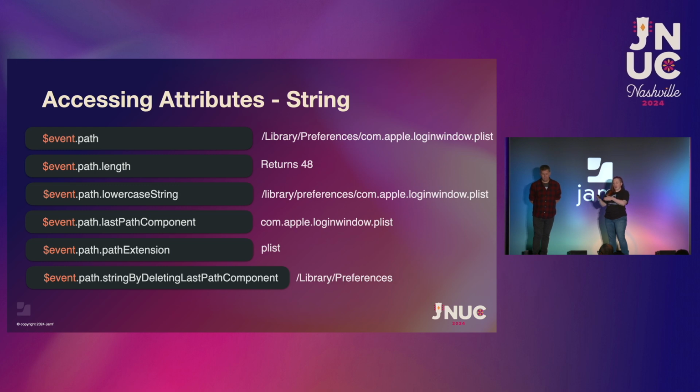If we look at that path that we're seeing up there, if I use last path component, it's going to return com.apple.loginwindow.plist. But if I just want that extension, I can use path extension. Then lastly, if I want everything but that last path component, deleting last path component will bring me back library preferences.